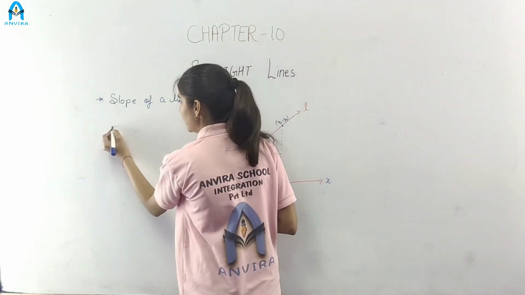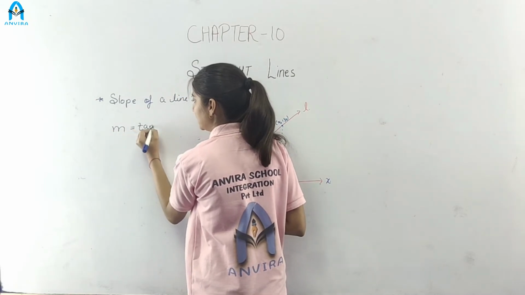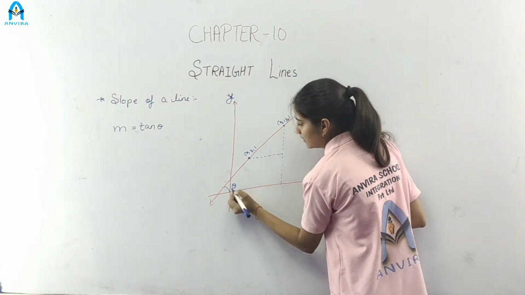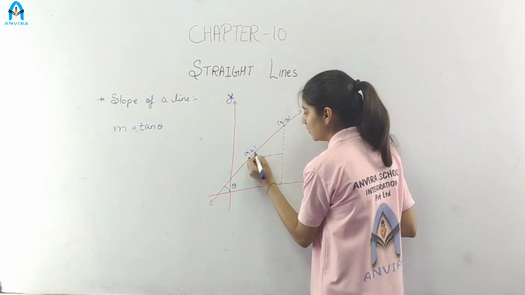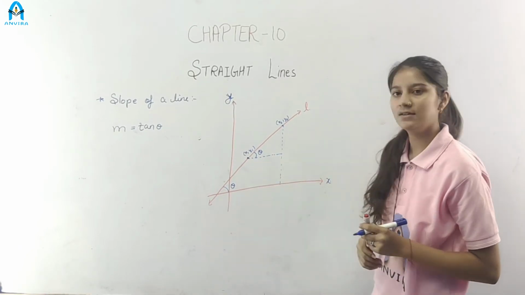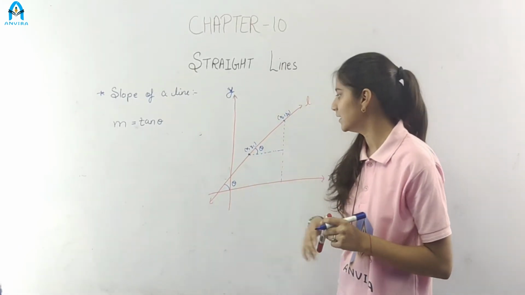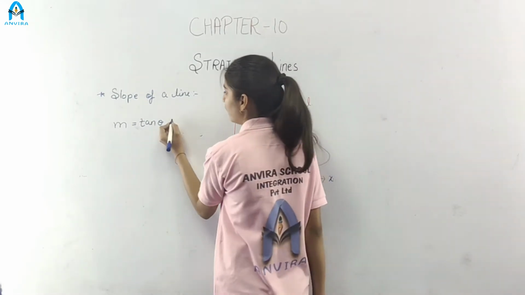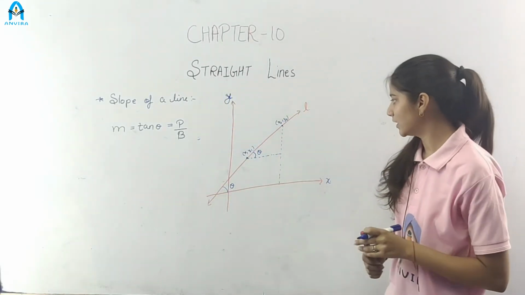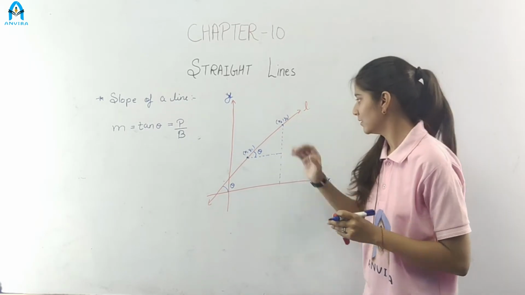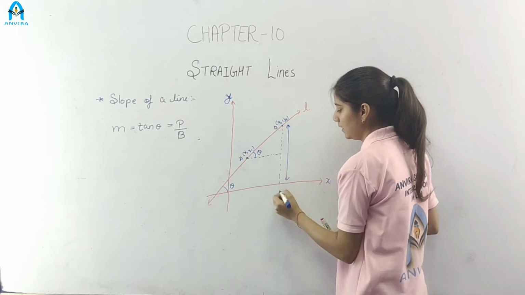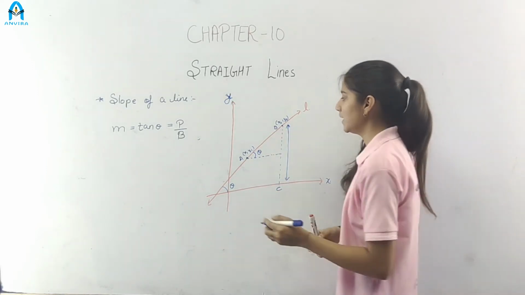We know that slope is given by tan theta, and if it is theta, then it will also be theta, since we have a line parallel to the x-axis. So if this is theta, then this will also be theta. And for tan theta, we have the formula perpendicular upon base. So what is our perpendicular? This length, let it be A, B and C. So what is our perpendicular?